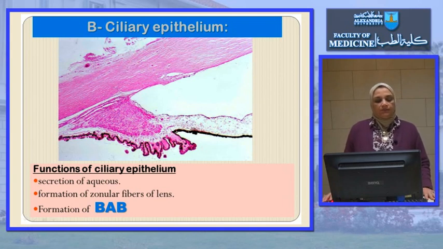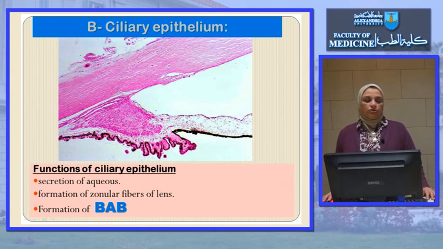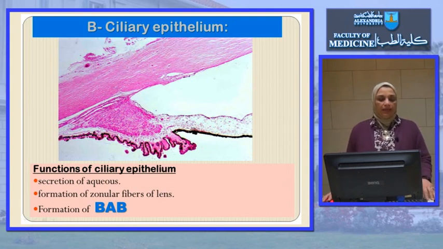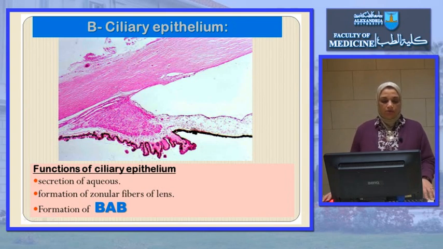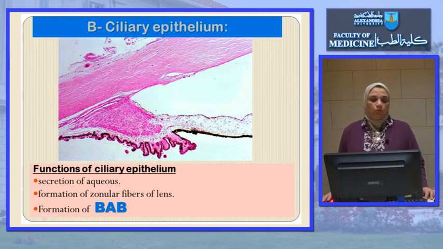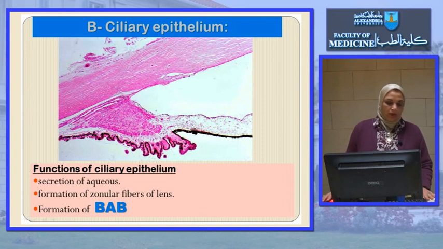So the ciliary epithelium is responsible for formation of these zonular fibers. What else? It forms the blood-aqueous barrier. You know there are certain barriers in our body. Two barriers are present in the eye. One is the blood-aqueous barrier and the other one is the blood-retinal barrier.